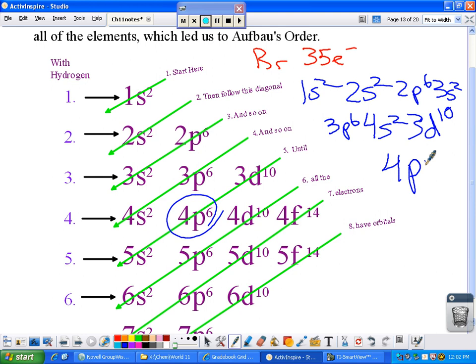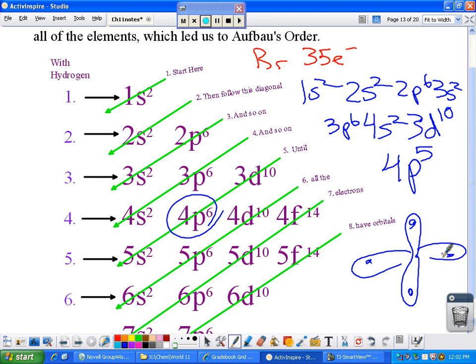Just write a 5. So you have a p orbital that's got electrons moving around it, another p orbital that's got electrons moving around it, and a third p orbital, but it only has one electron. It's not filled. So it's just slightly filled. Okay?